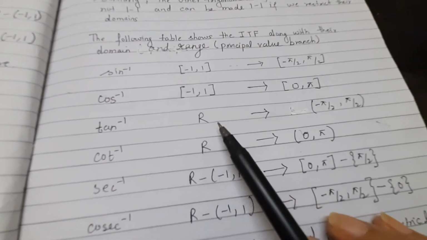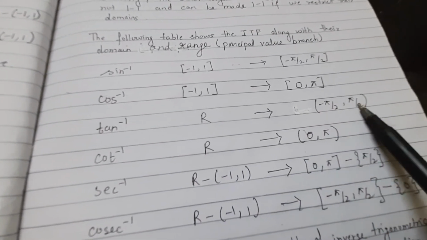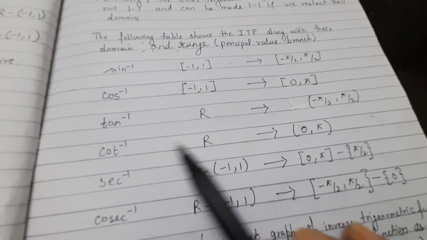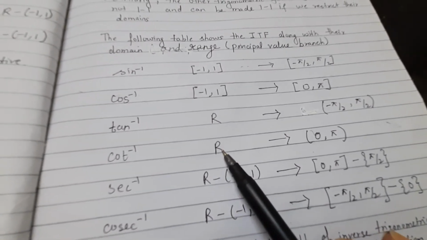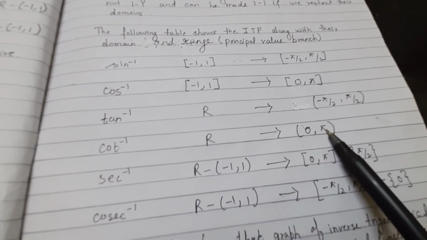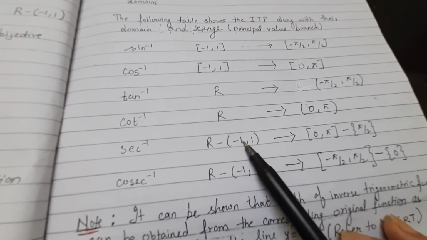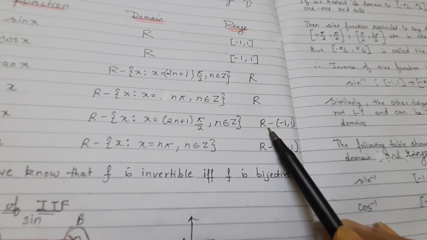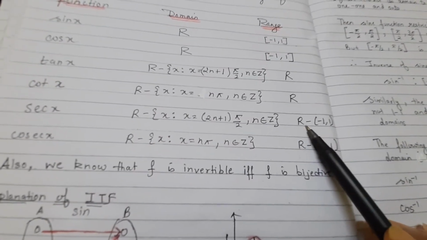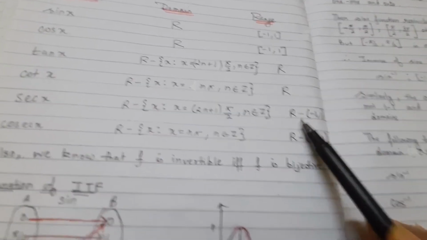Then tan inverse is from R to minus pi by 2 to pi by 2, and cot inverse has domain R and range 0 to pi. Similarly, sec inverse has domain R minus minus 1 to 1. I have told you that this was the range of sec, so this will become the domain of sec inverse.